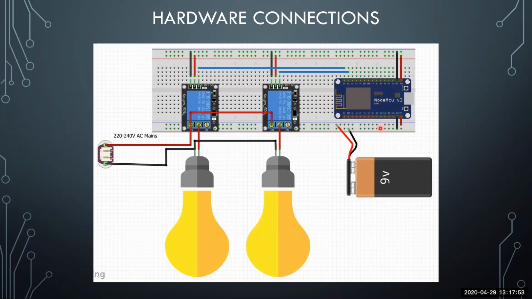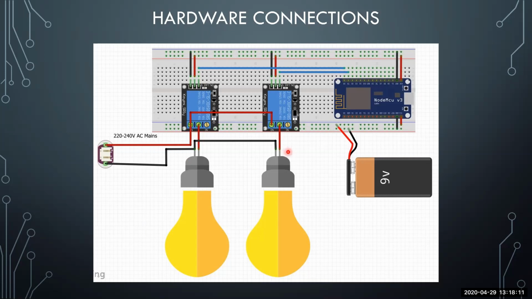Now we are using 220 to 240 volts mains because electrical appliances need that much. And when you are playing around with 240 volts, be careful because it can shock you.